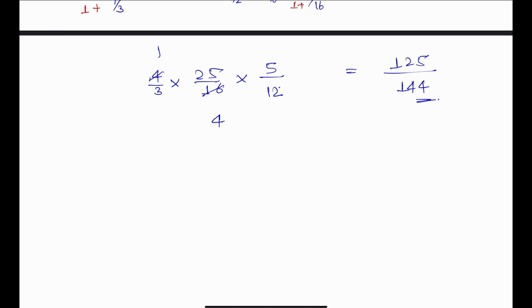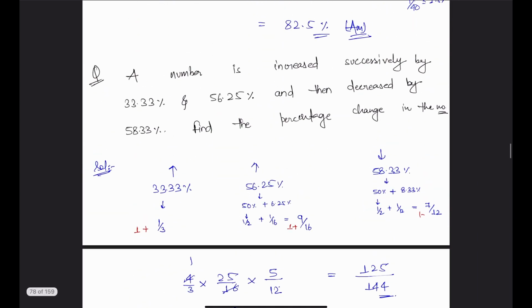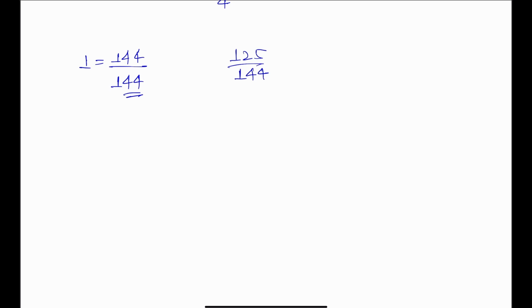Correct? 144. So initially we started with the number 1. We reached 125 by 144. So 1 can also be written as 144 by 144.